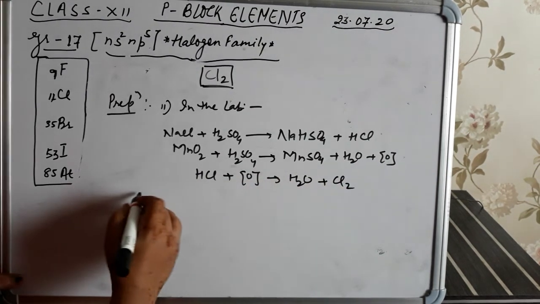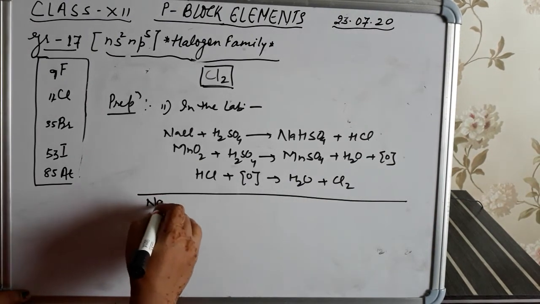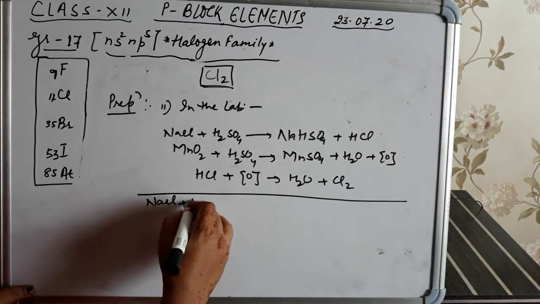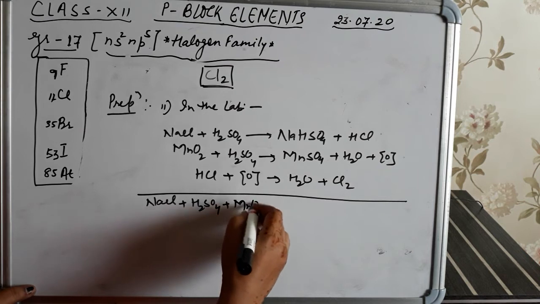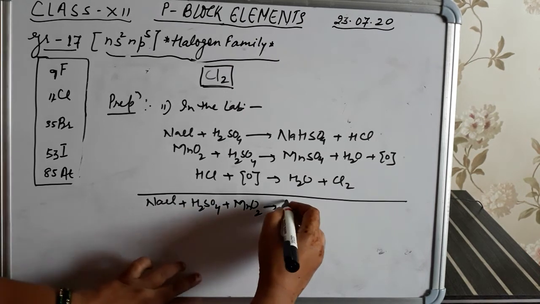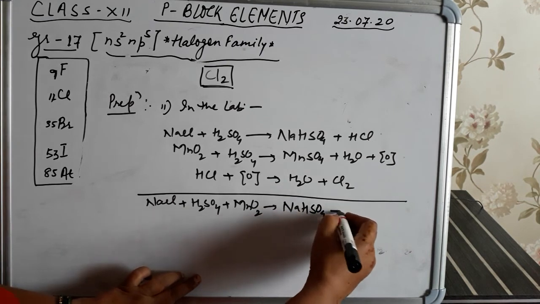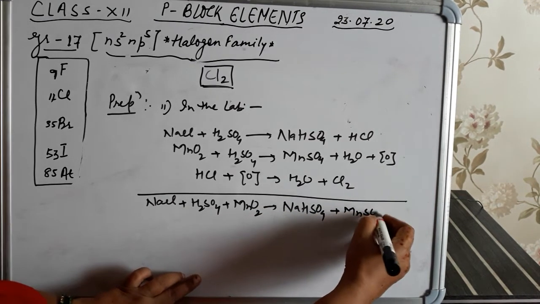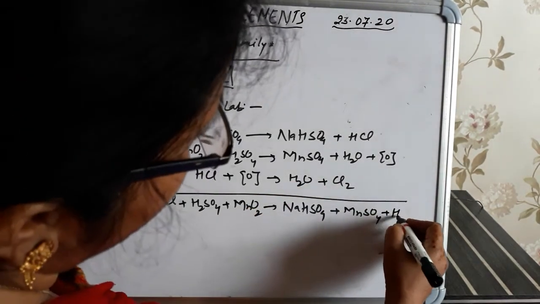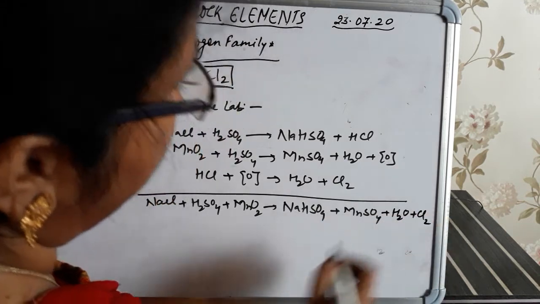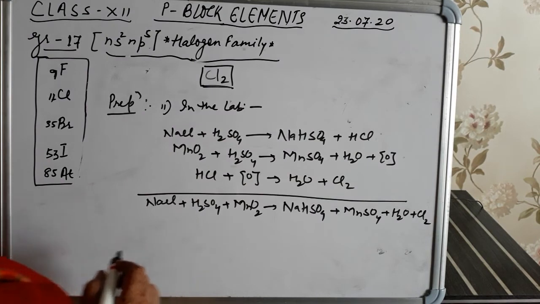So students, finalize this reaction, and the final reaction will be sodium chloride, H2SO4 and MnO2. So formation of sodium bisulfate plus MnSO4 plus water and chlorine. So you have to balance it, then write it down in your notebook.